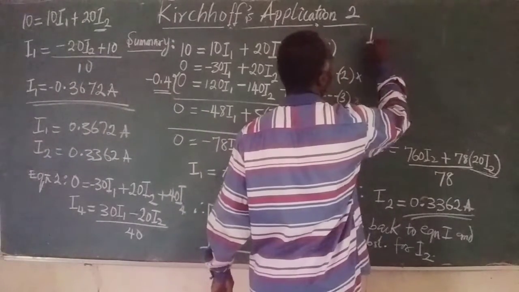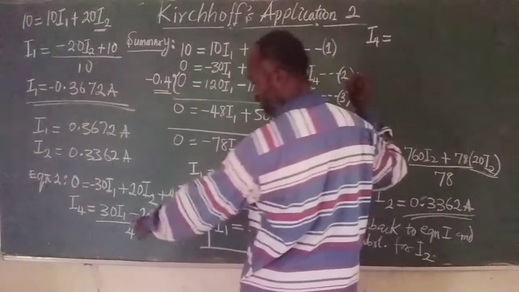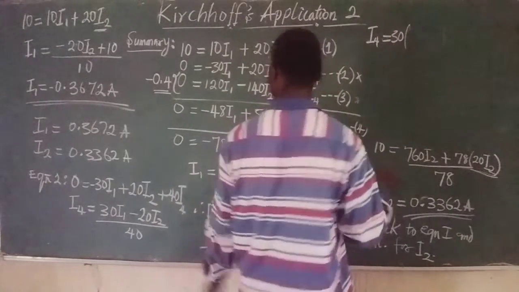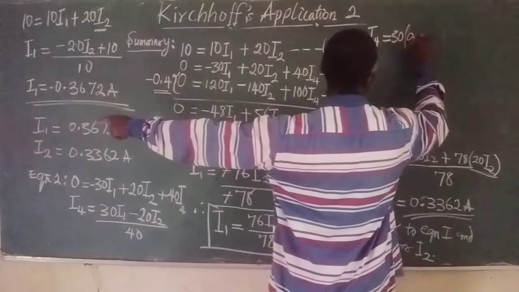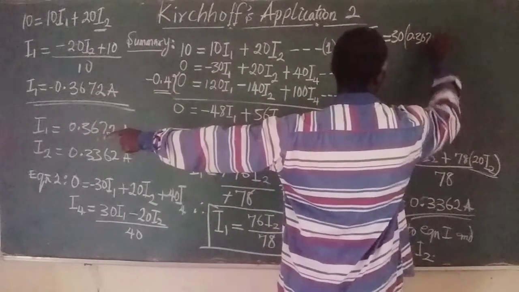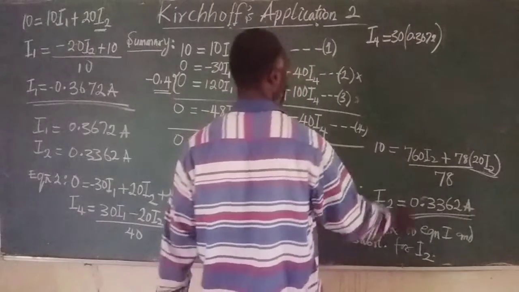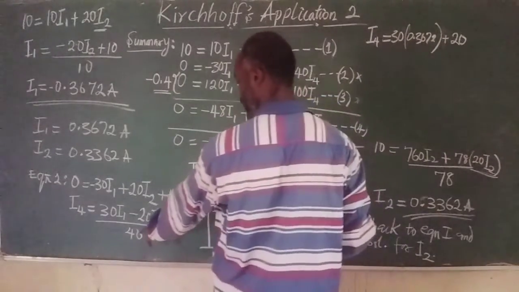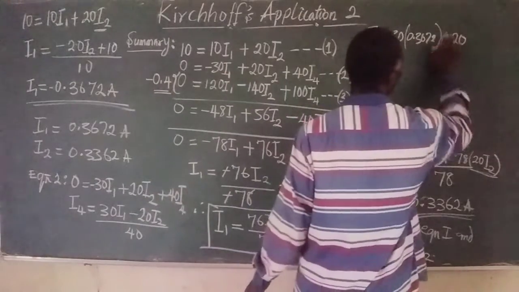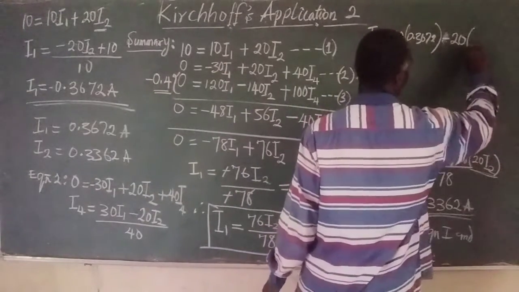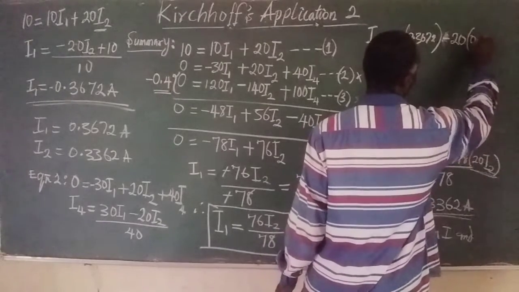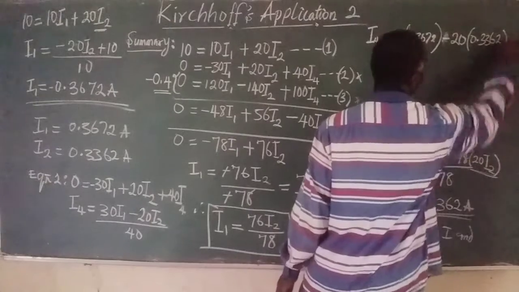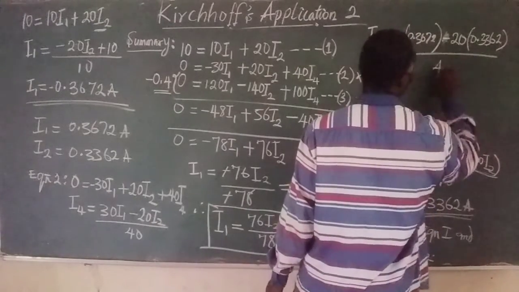So current 4 is 30 times 0.3672, minus 20, not plus, minus 20 times I2, which is 0.3362, all over 40.